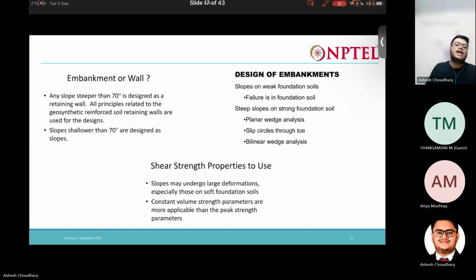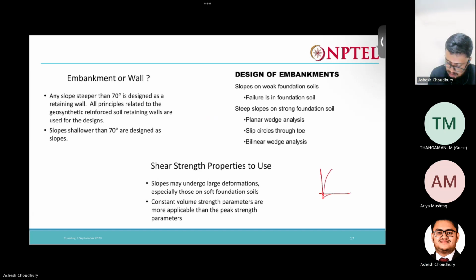All right. Now, during this analysis, which properties of the soil should be used? For soils that undergo large deformation, that is soils based on soft formations, we generally use the constant volume or critical state friction angle.